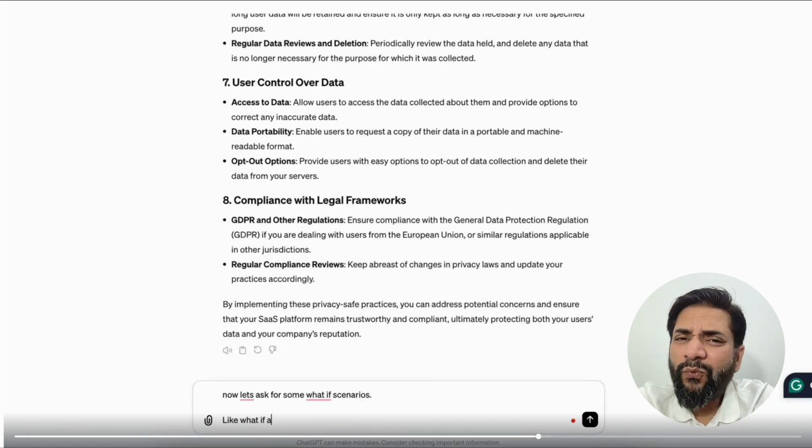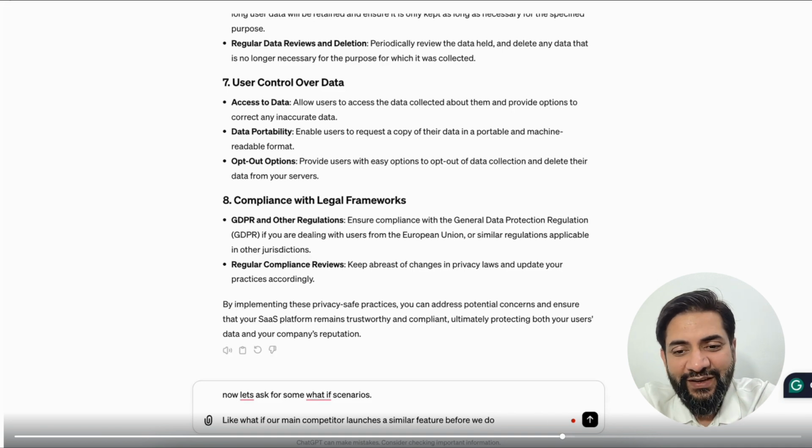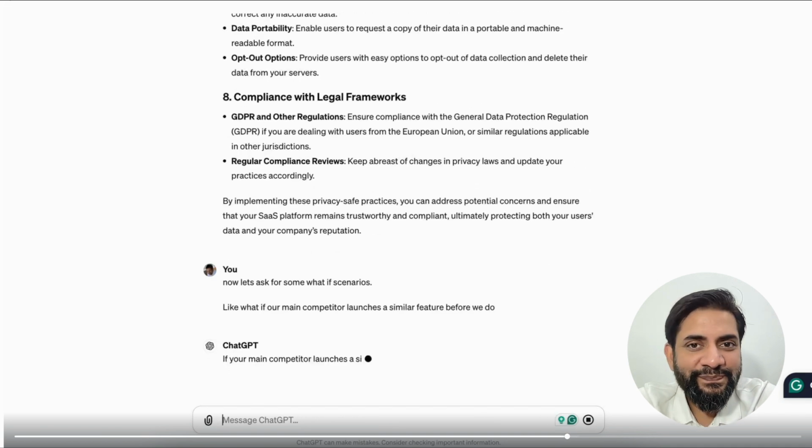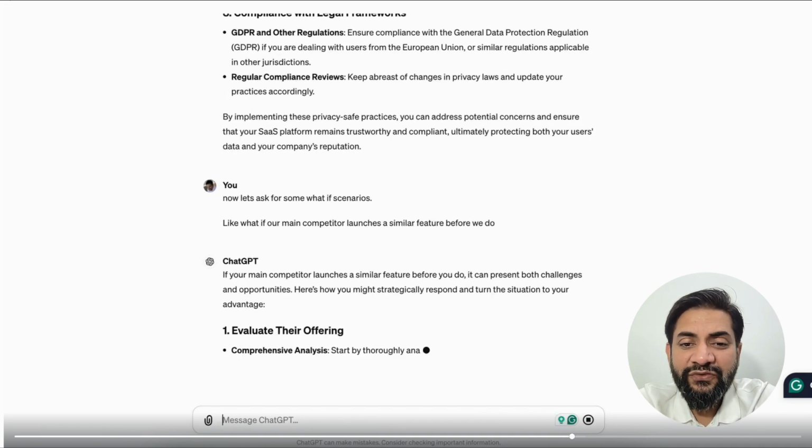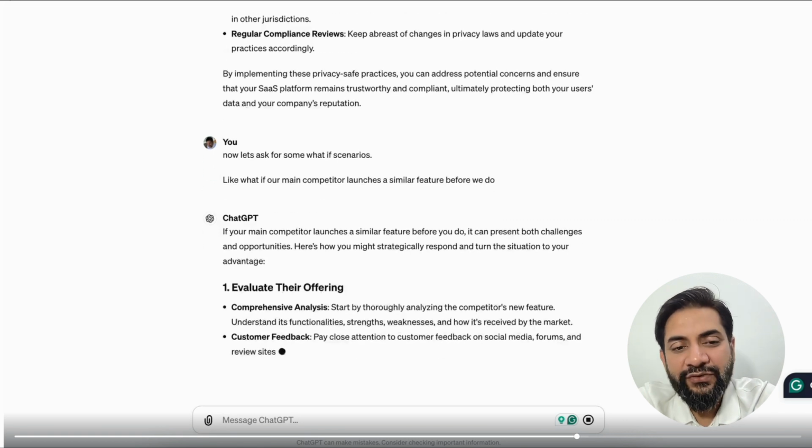Now let's ask for some what-if scenarios like we did in the previous one. Like, what if our main competitor launches a similar feature before we do. If your main competitor launches a similar feature before you do, it can present both challenges and opportunities.